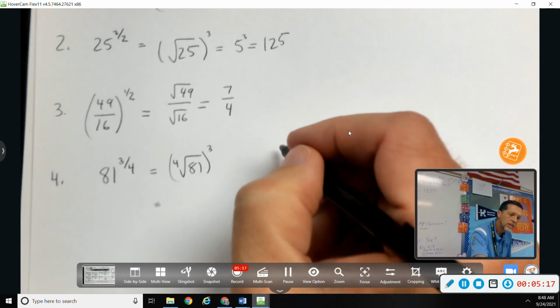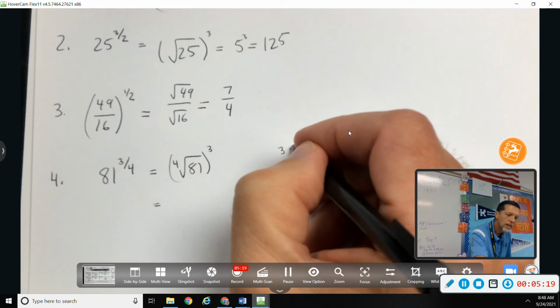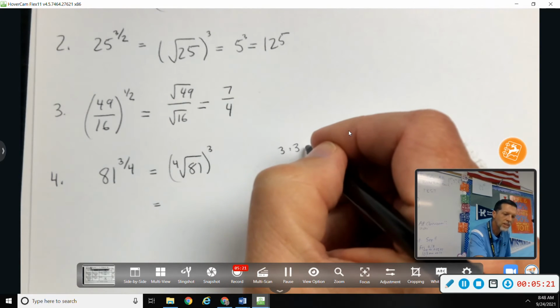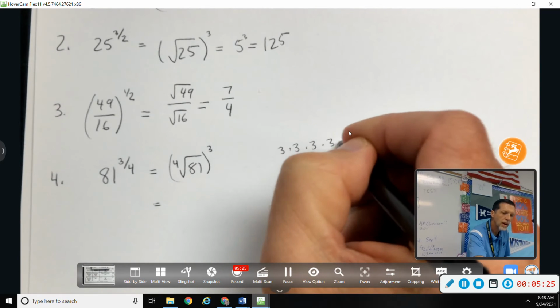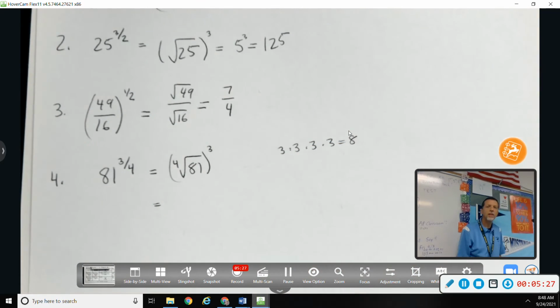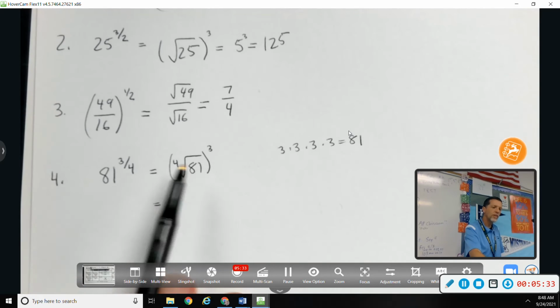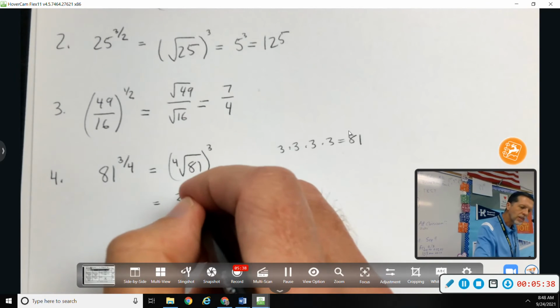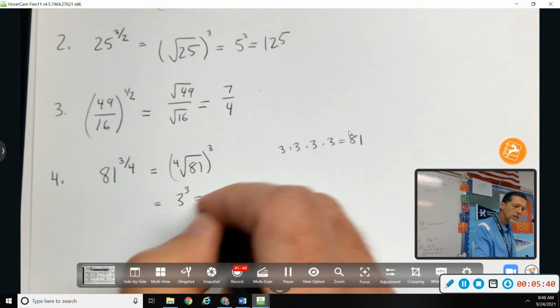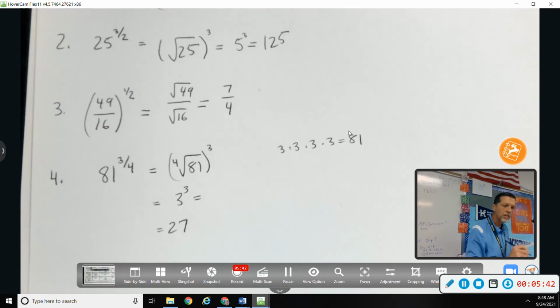So 3 times 3 is 9, times 3 is 27, times 3 is 81. So that means the fourth root of 81 is 3. And then 3 cubed is 27. Root first, then power.